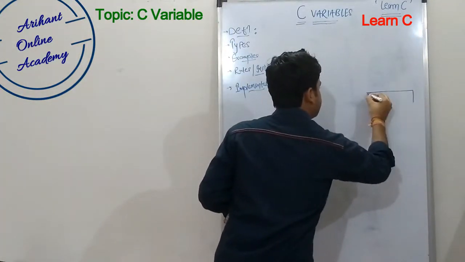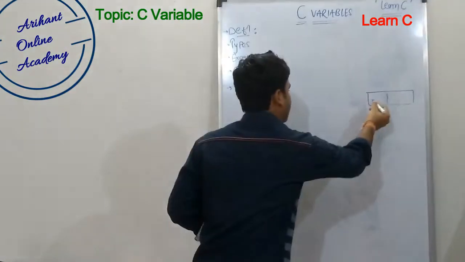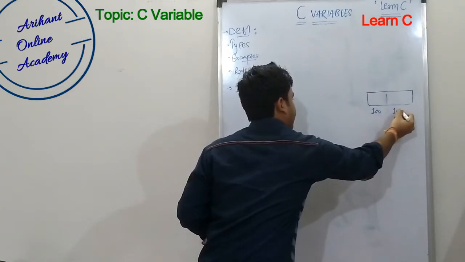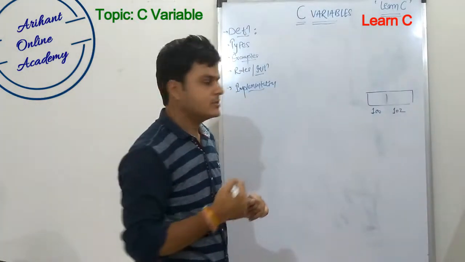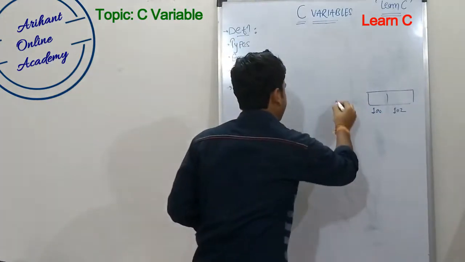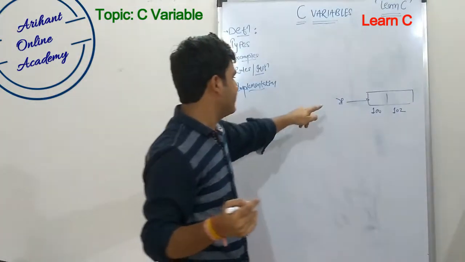Suppose this is location number 100 and this is location number 102, and we are giving a name, suppose X, to this memory location. You can give any name to it.